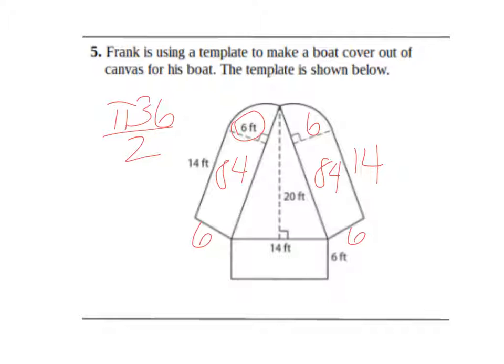So I have my 36 times pi, divided by 2, and this half circle up here is going to be 56.5. Alright, so I have a 56.5 and I have a couple 84s.